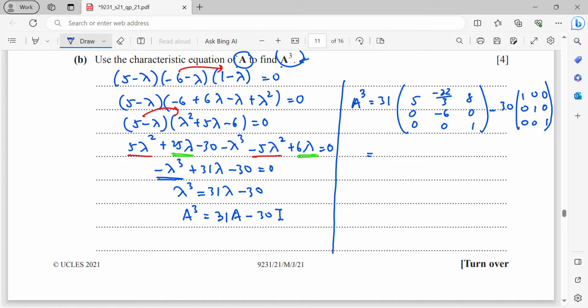Right, so from here, when I times in and minus, you will be getting 125, 0, 0, minus 6, 8, 2 over 3, minus 216, then 0, 2, 4, 8, 0, and 1. So this is our A cube matrix.